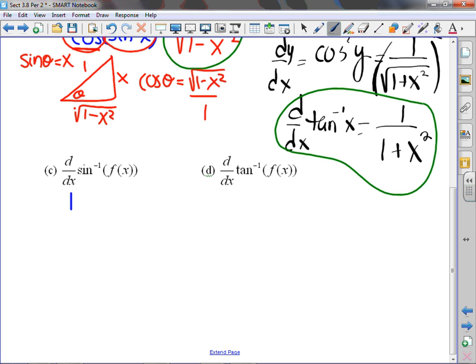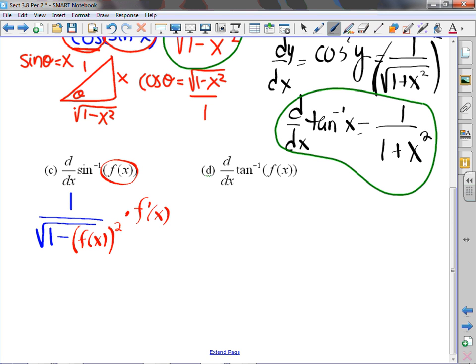Well, it's 1 over the square root of 1 minus x squared. But what's my x now? It's not x. It's f of x. So this is f of x squared. And then what do you have to do? Times it by the derivative of the inside function, which is f prime, right?